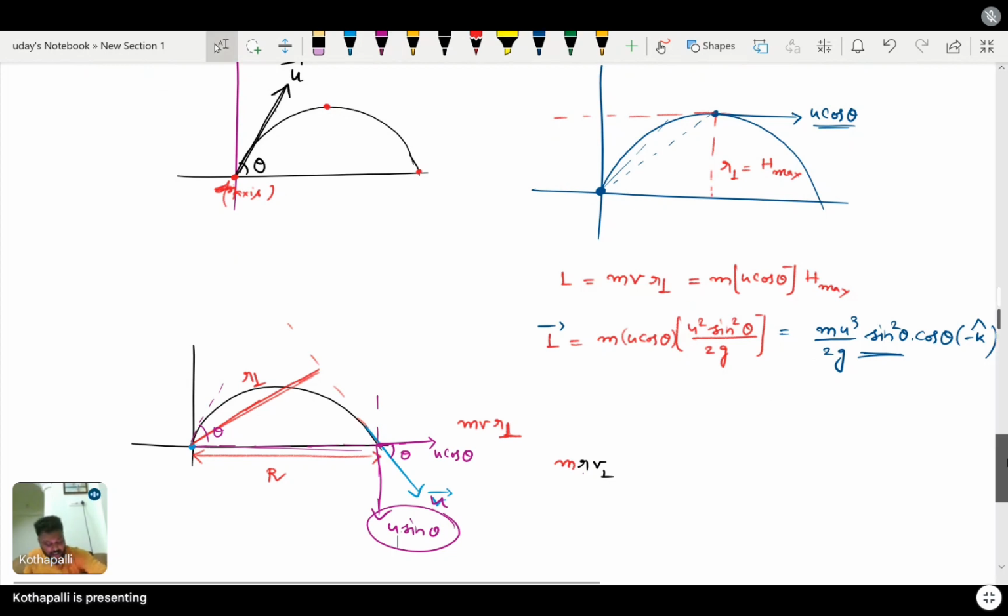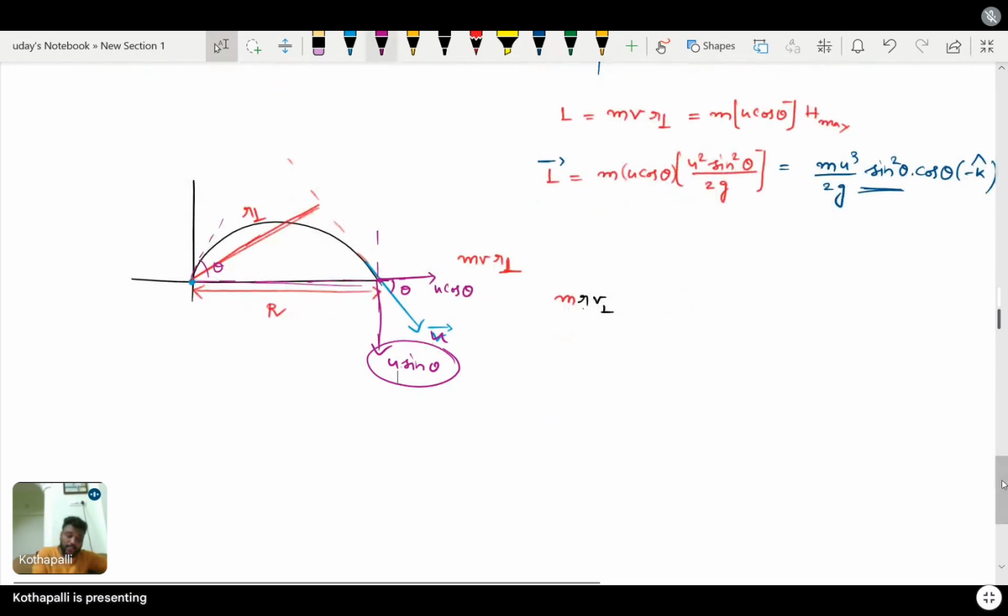Either you go with the first condition or the second condition, but both must give the same answer, then only it is correct. So first I will check with the second condition. L I am taking as M R V perpendicular, where R is the range and V perpendicular is U sin theta.